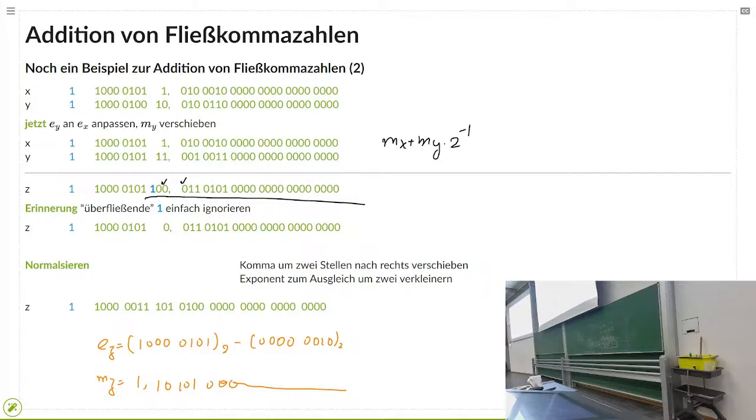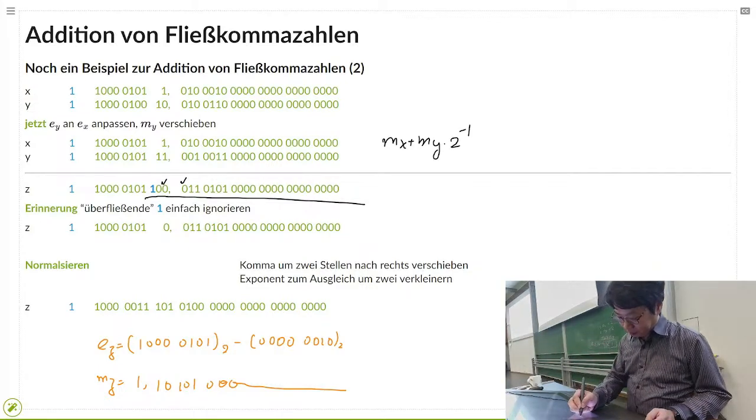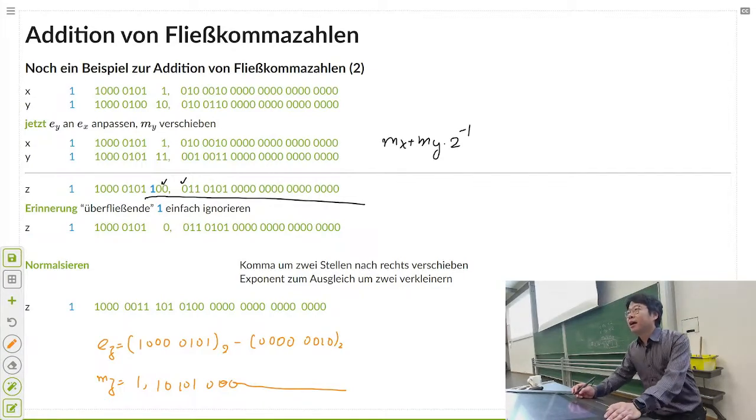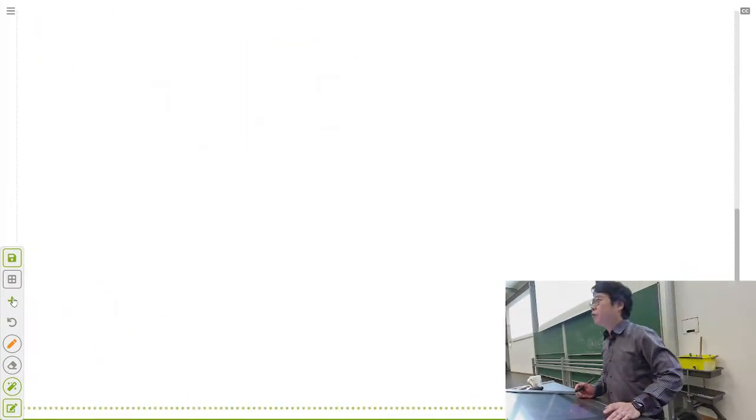Okay, let's try to understand the whole puzzle of this, and then we would understand why you have to add 1. I think that's what we're going to do for today, and then we do the multiplication on Wednesday. So, okay.